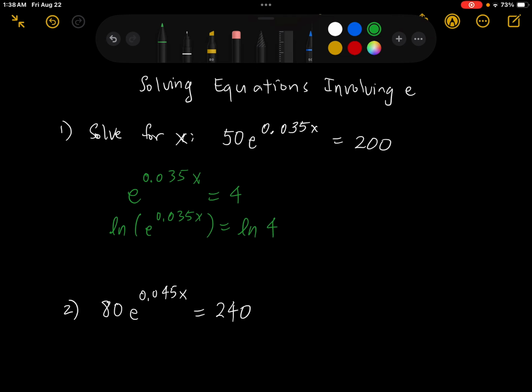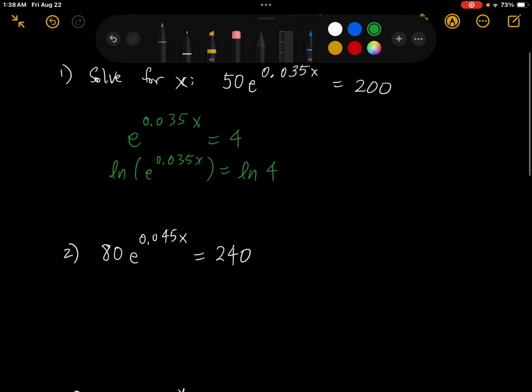Now, what's the natural log of e to the 0.035x? It's just 0.035x. In general, when you have the natural log of e to something, that's just equal to the thing. That's by definition of natural log, because the natural log function is the inverse of the exponentiation function.